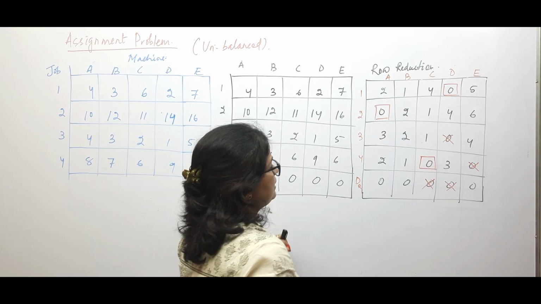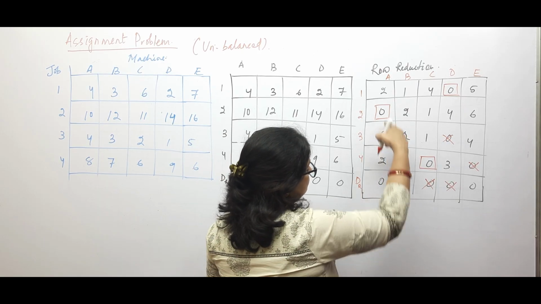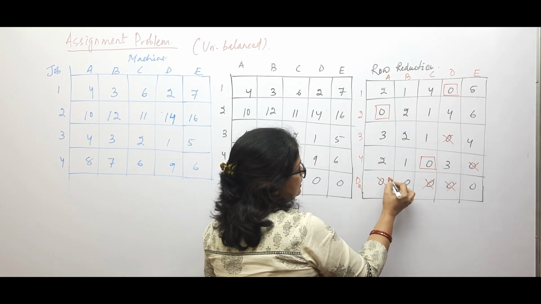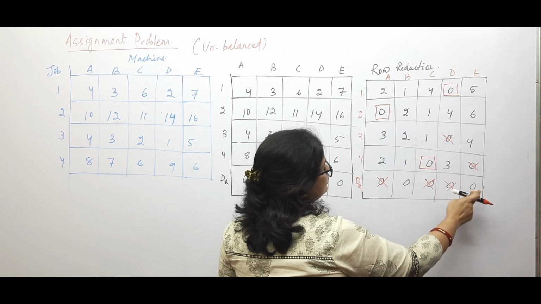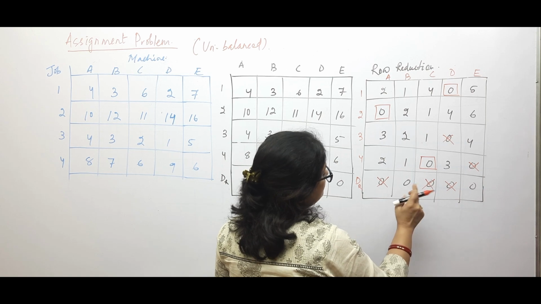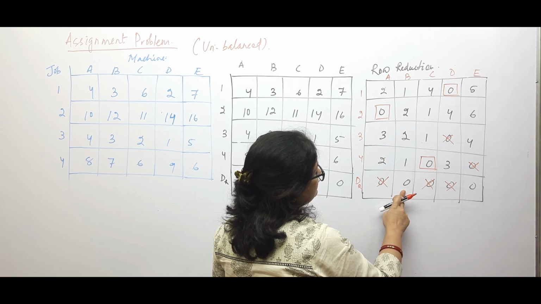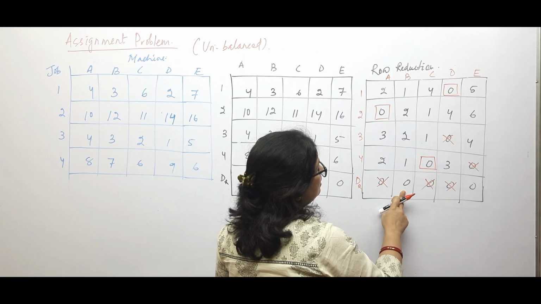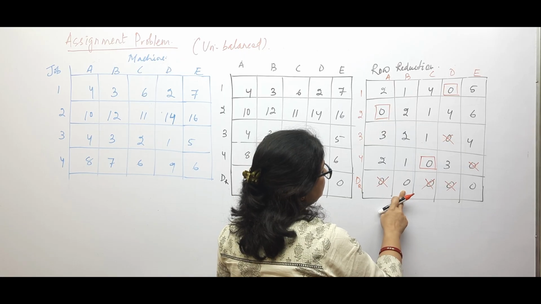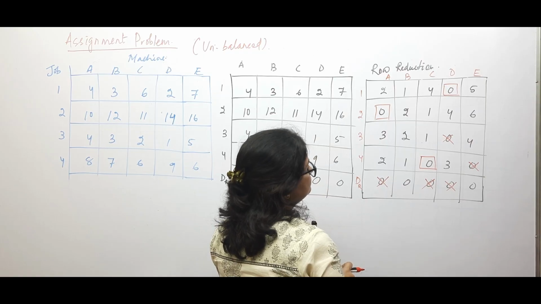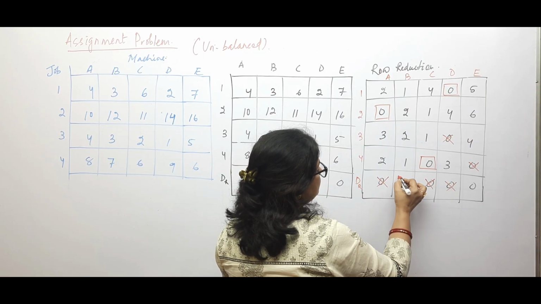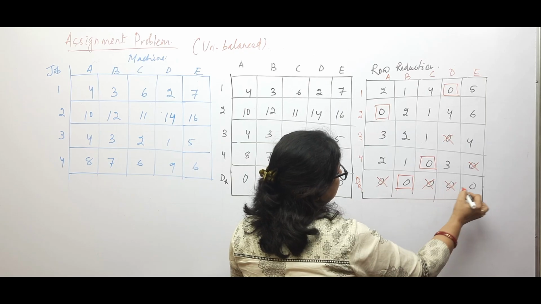Another thing, here also one assignment is done, so I can cross this one. These two are crossed, so 2 zeros are left here. So I can assign this, or this. If I assign this, I have to cross this one.